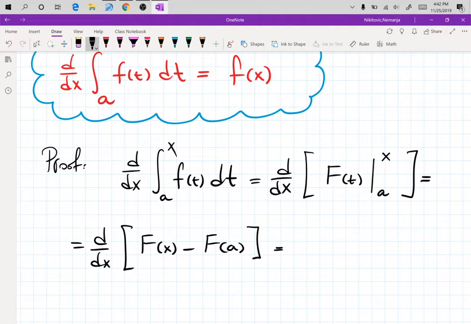And now when you apply the derivative of the antiderivative is the original function, minus the derivative of a number is 0, because when you plug in the value a, let's say 3, F of 3 would be some number, so the derivative of that is 0, and we just get our good old f of x.